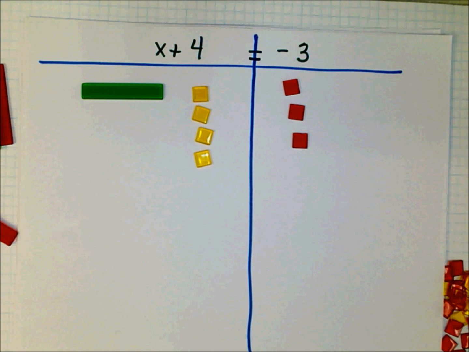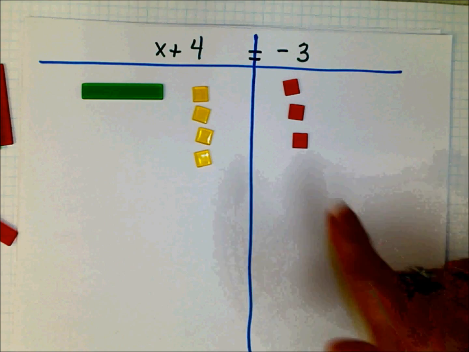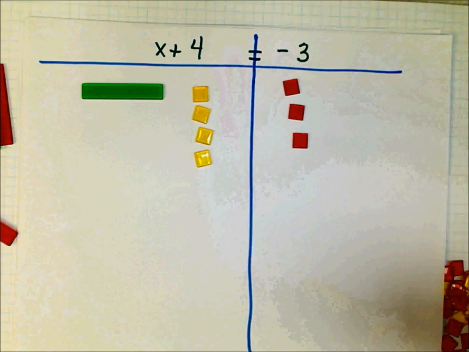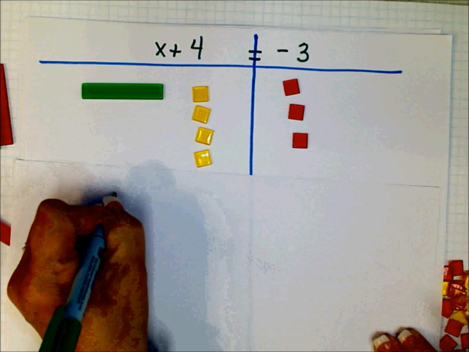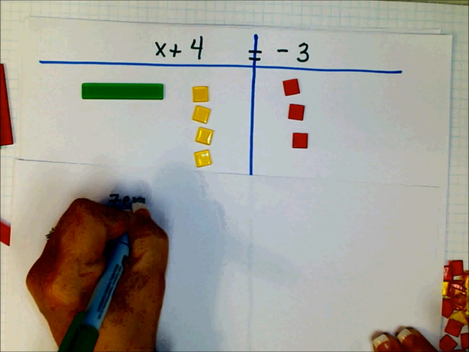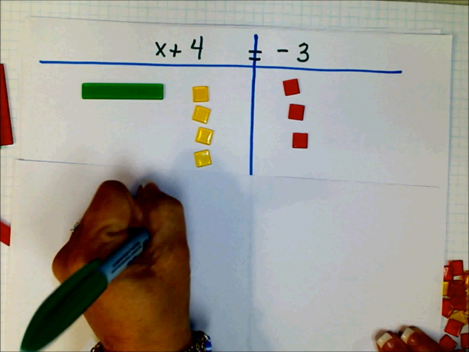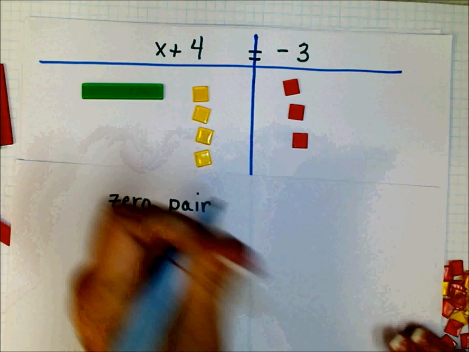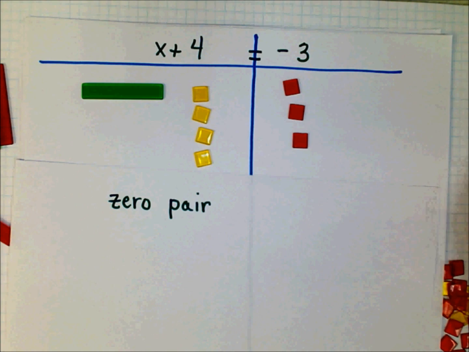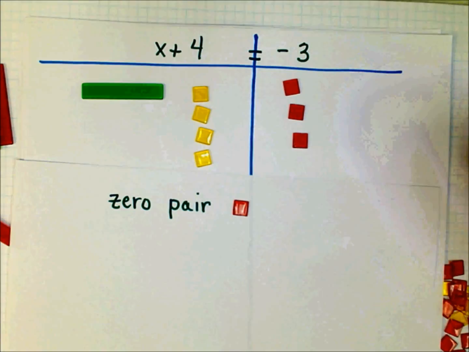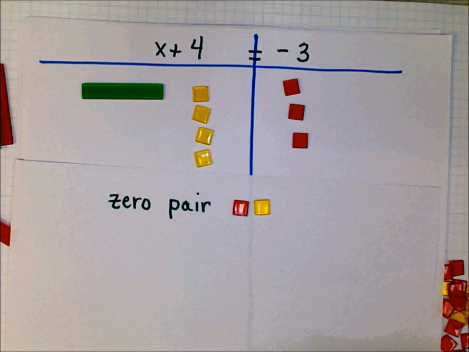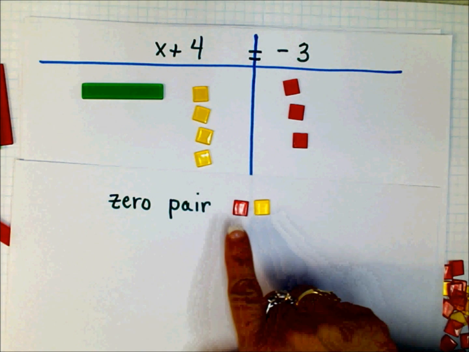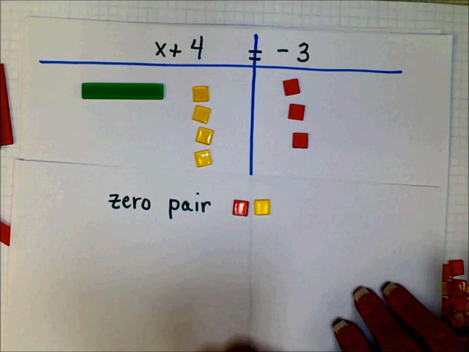Now, the second concept that we need to understand, besides what each manipulative is, is the concept of a zero pair. Okay? A zero pair is what it takes to make 0. For example, if I have a red square and a yellow square, that's a zero pair because I have a positive 1 and a negative 1, which gives me 0.